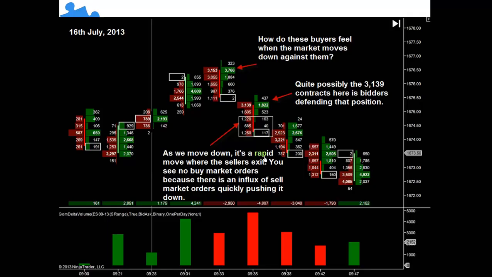So let's look at two scenarios: a situation where we go straight up and down, and then another scenario where we actually range first. In this case, what we can see is the delta is positive as we go left to right. Buyers are exceeding sellers towards the top. In other words, we are now gathering future sellers.